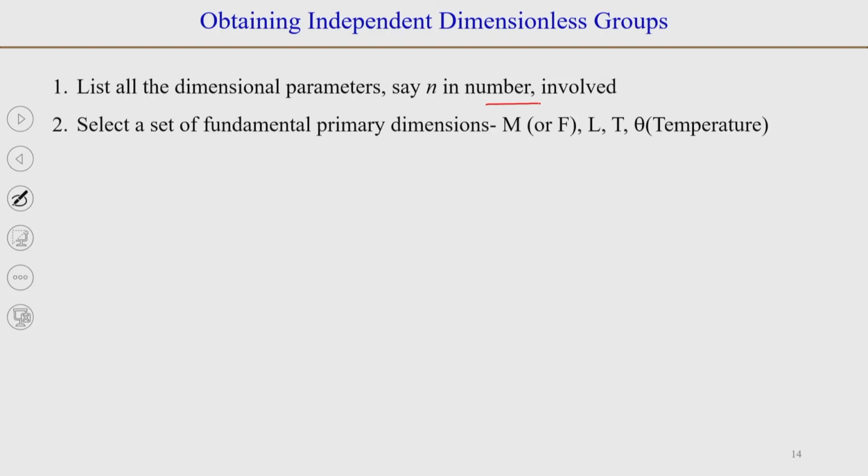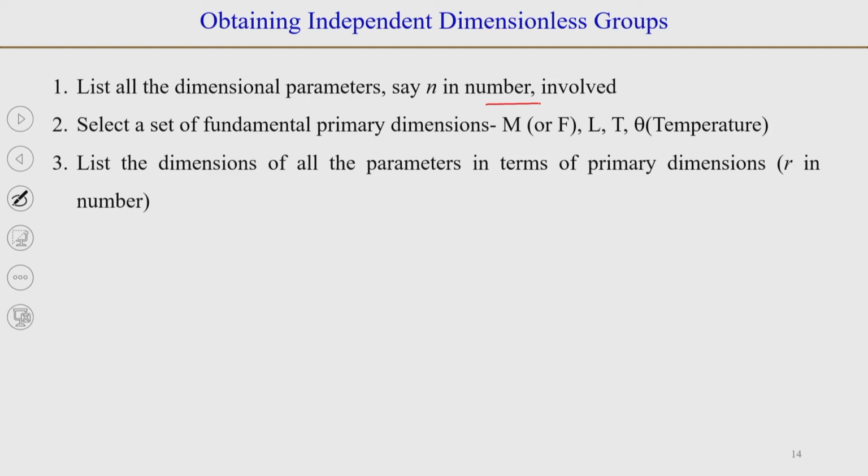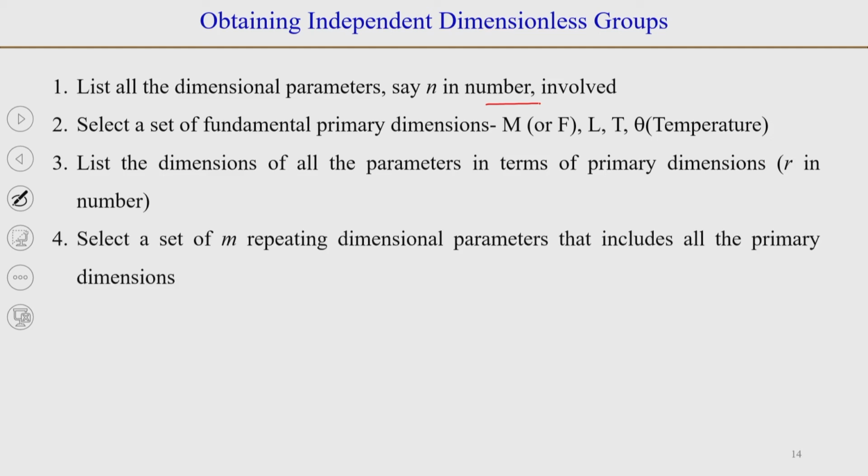Once you have selected all the dimensional parameters involved in the problem, you write down their dimensions in terms of fundamental dimensions, in terms of M, L, T and theta. Then list the dimensions of all the parameters. Once you have listed, then you select a repeating dimensional parameter or repeating group, that is, the dimensional parameters that you will be combining with all other remaining parameters to form the dimensionless groups.